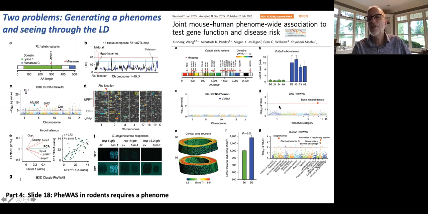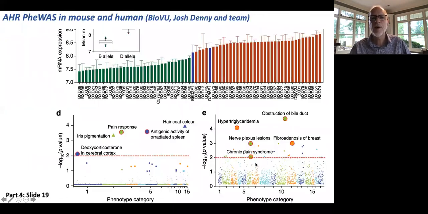And here you can see the phenome-wide association in the mouse for a particular trait. I think this is one of the alkaline phosphatases. Oh no, this is for collagen 6A5, modulating bone mineral density, which is sort of a no-brainer. And then this is the corresponding PheWAS from BioVU for this particular gene, or allelic variants in that gene, and some traits from the BXDs and the parental difference. So we did this a couple of ways.